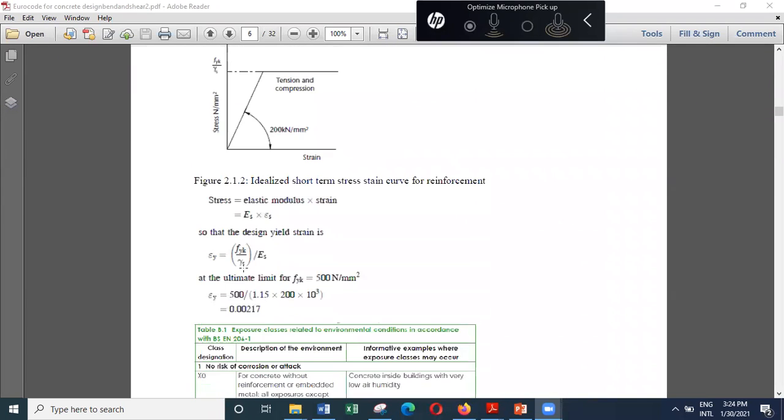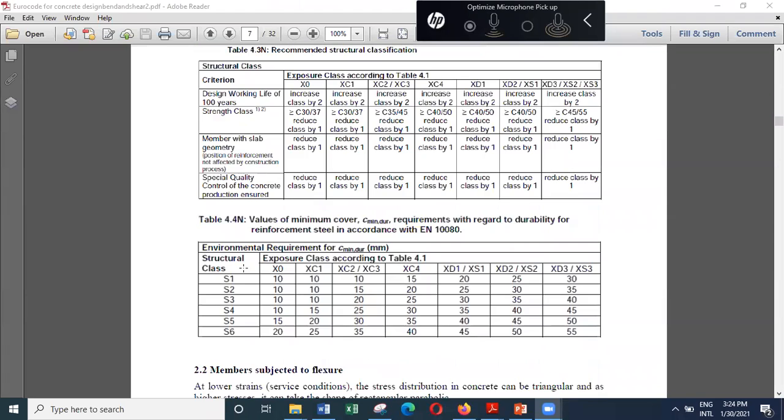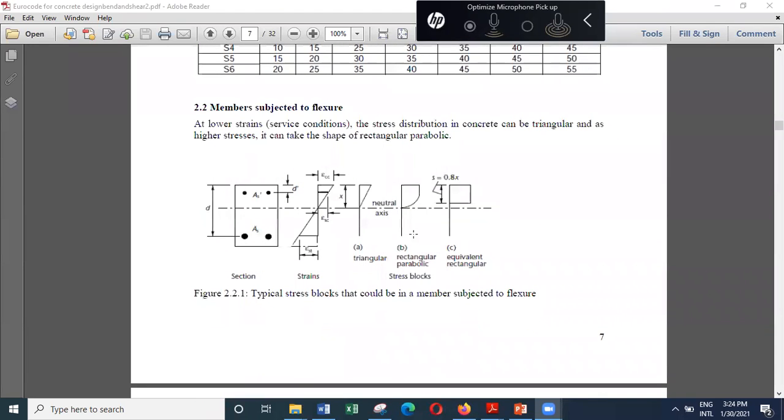So you end up with a rectangular parabolic distribution. This region is rectangular because whatever the strain, the stress is the same.